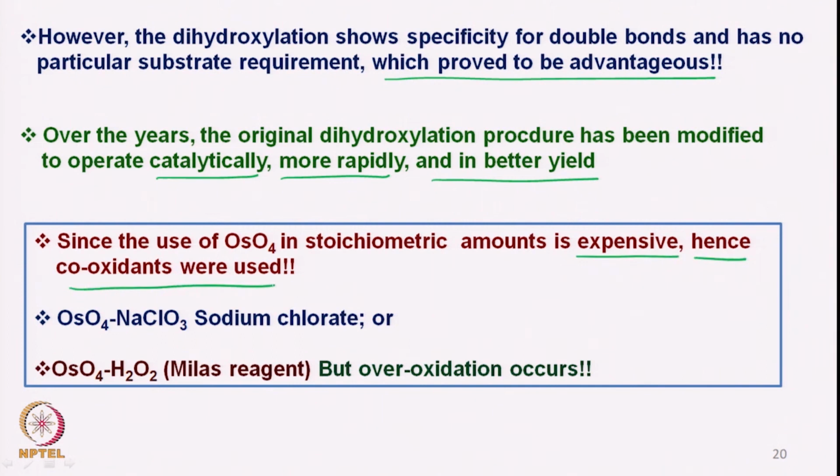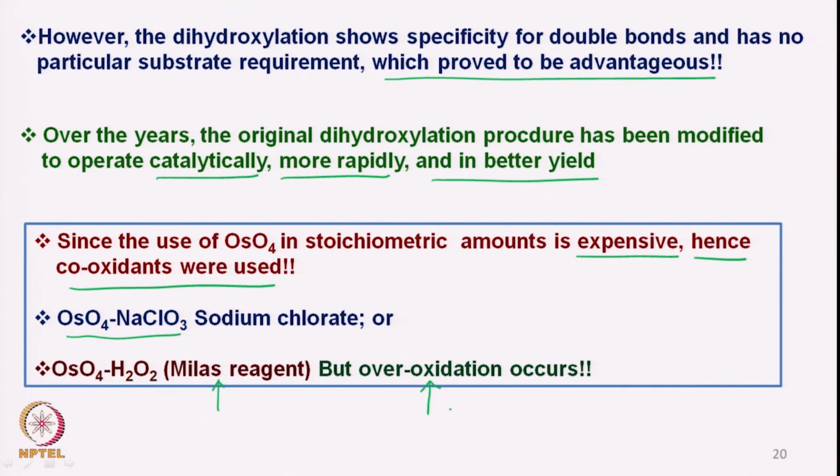Because of the expensive and toxic nature, co-oxidants were used, and one of the co-oxidants was sodium chlorate with osmium tetroxide, and the other one was osmium tetroxide and hydrogen peroxide, which is known as Milas's reagent. But in these cases over oxidation occurs, and the aldehyde or the ketone are formed, and therefore it was not a very convenient method to make use of these kinds of oxidants.